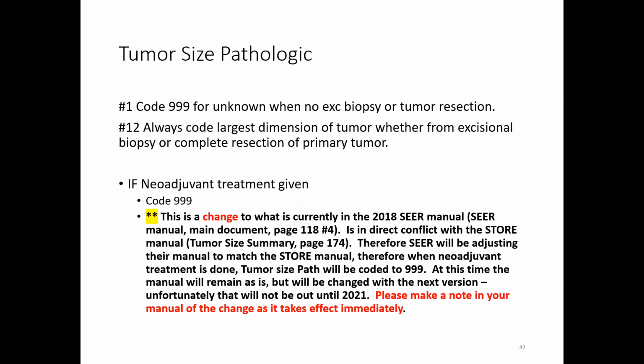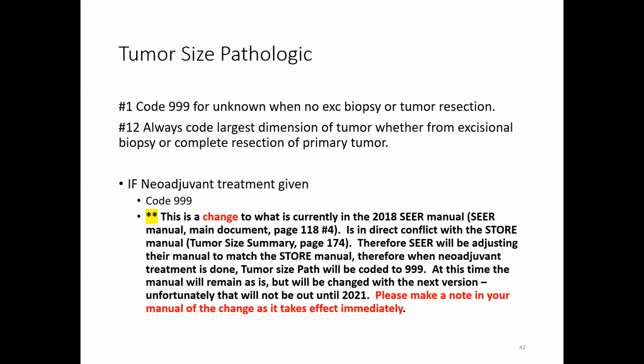So for tumor size path, we will code 999 for unknown when there's no excisional biopsy or tumor resection. Always code the largest dimension of tumor, whether it's from the excisional biopsy or a complete resection. So if there's neoadjuvant treatment given, tumor size path will be 999.